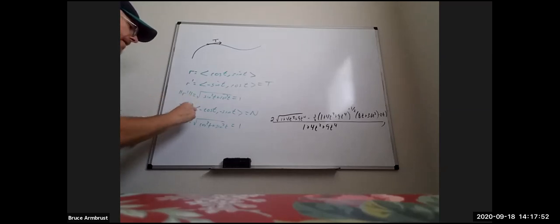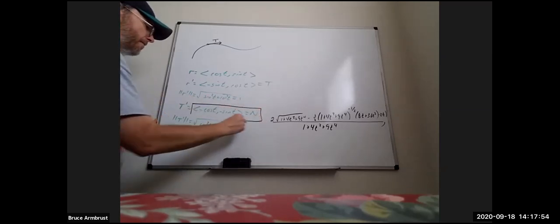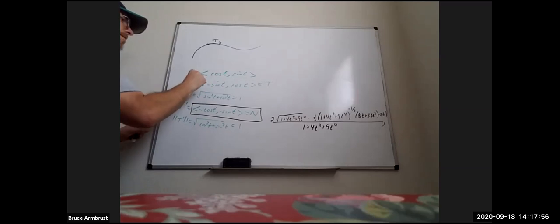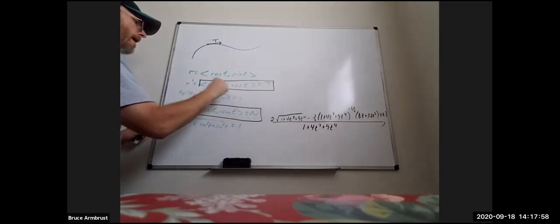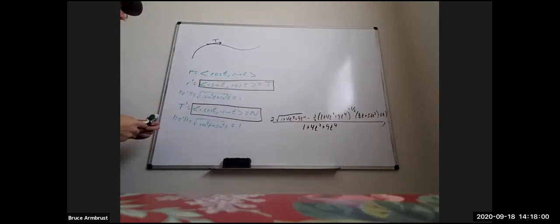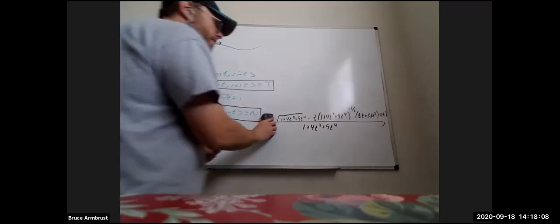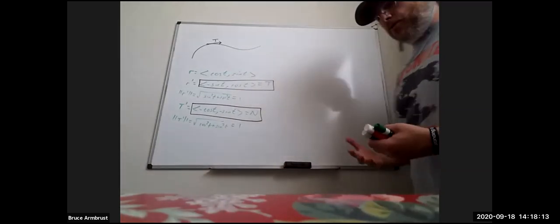So let me just put a box around the important things here because I know there's a lot written and it might help us find what we're looking for. But there are big T and big N. So let's draw the circle. Let's look where these guys are and what direction they're pointing.